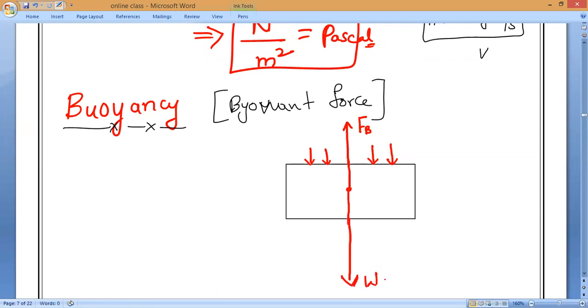Downward. Now from below, some force is acting upward. Which force is that? FB, buoyancy force. So this is what you have to remember.